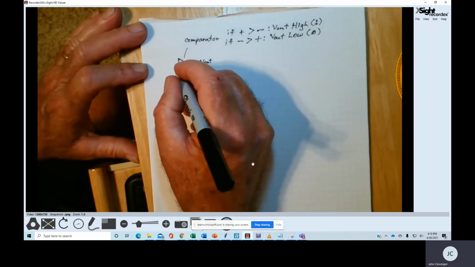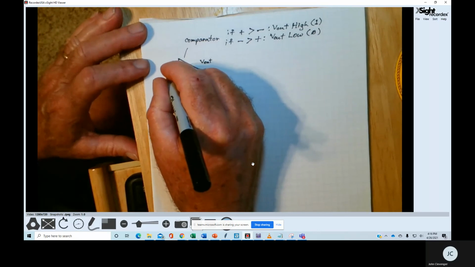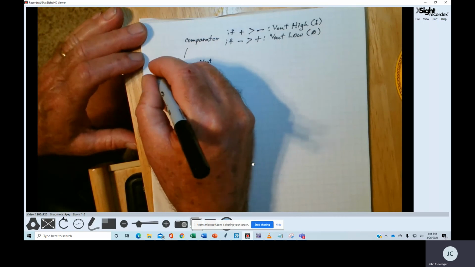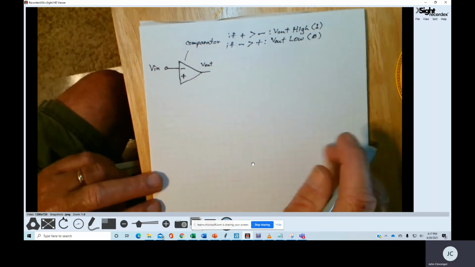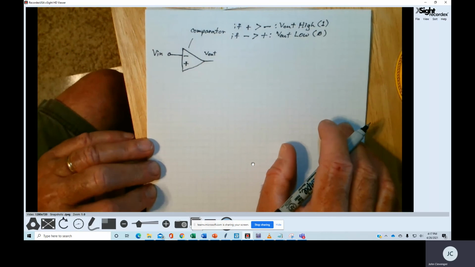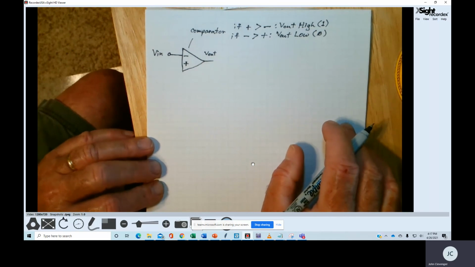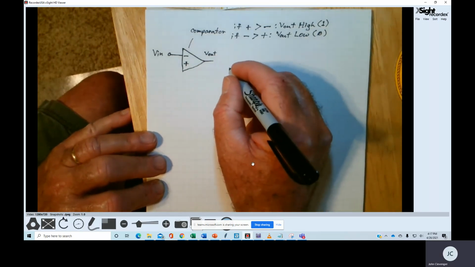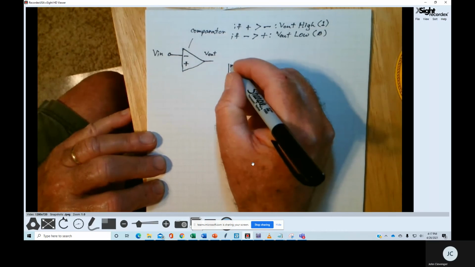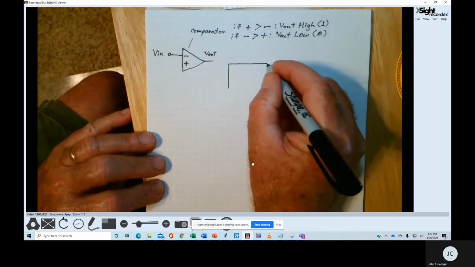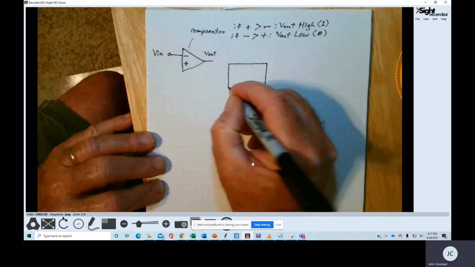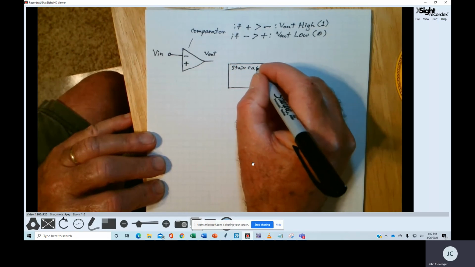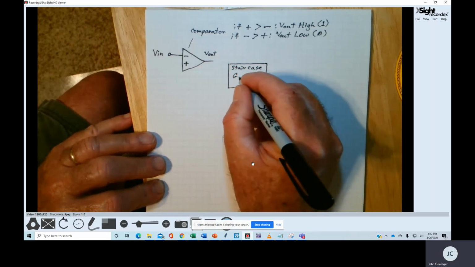Now, going into the inverting input, we're going to apply some input voltage. And the input voltage is the voltage that we're going to convert to a digital value. So right here, I'm going to have a circuit that I'm going to call a staircase generator.